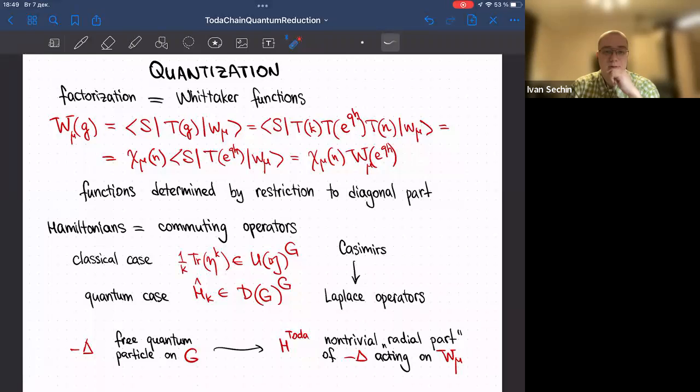Well, and this Whittaker function, now we define it as a function on a group.